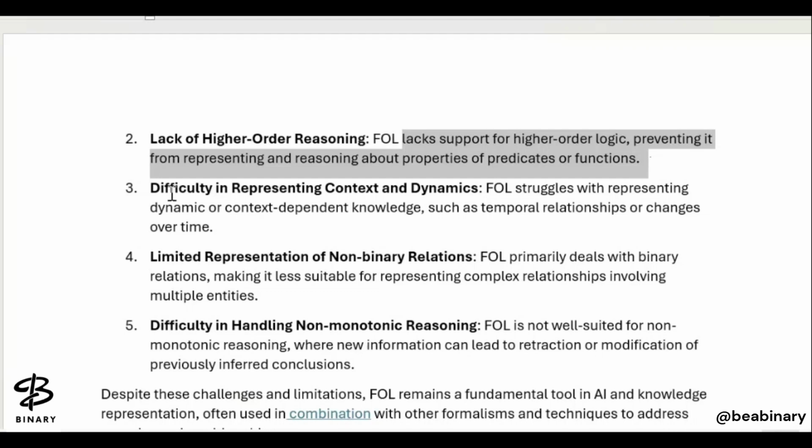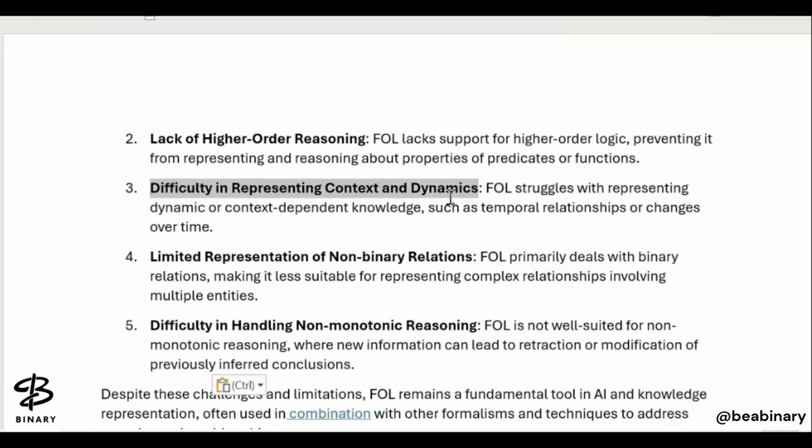Then again, difficulty in representing context and dynamics. FOL struggles with representing dynamic or context dependent knowledge such as temporal relationships or changes over a time period. Dynamic behavior is not possible, or it will be very complex to represent in FOL. Then the limited representation of non-binary relationships.